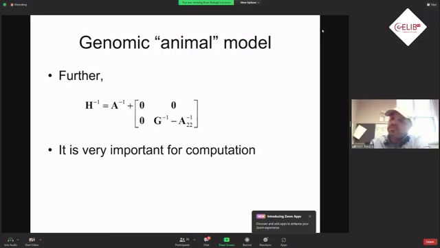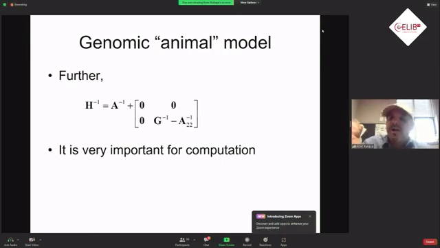So that's why this minus. So basically this H matrix is A minus 1, the average relationship matrix, plus the deviation between the relationships due to the genomic relationships and those due to the average relationship through the pedigree, which makes a lot of sense, right?